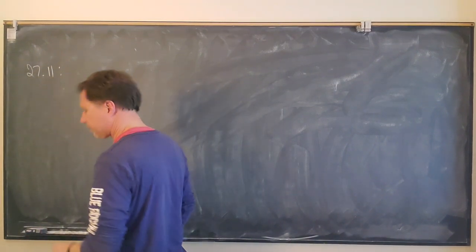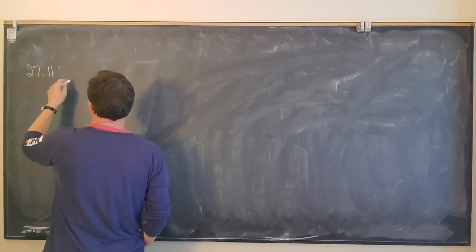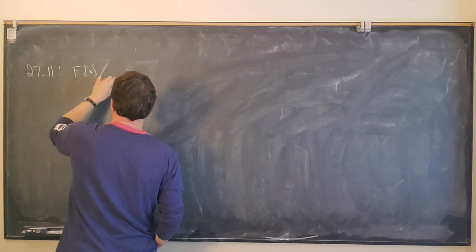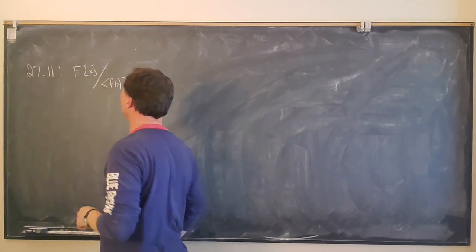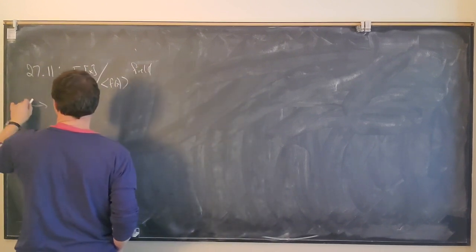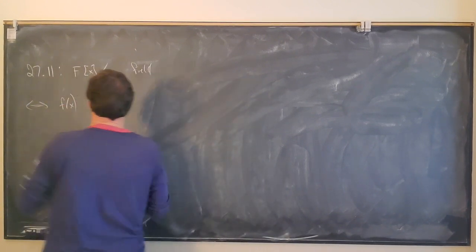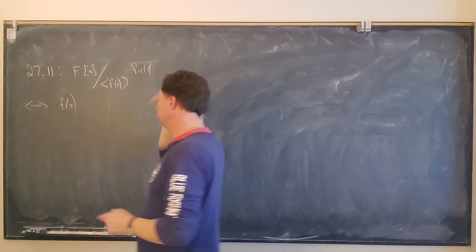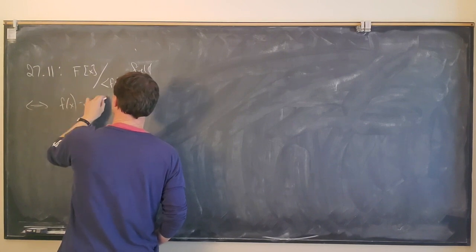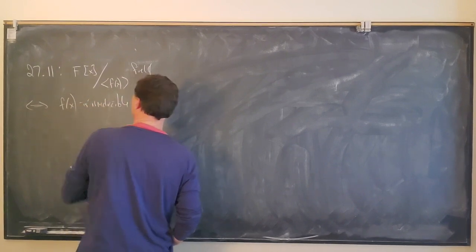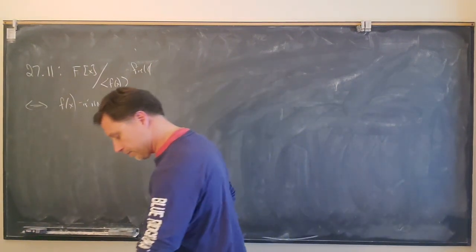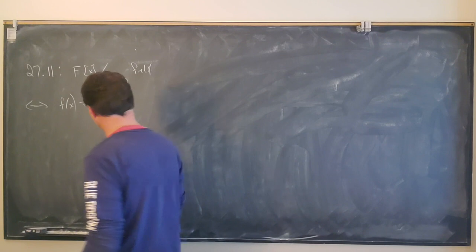Yeah, so if you're working over a field, then F[x] mod a polynomial is a field if and only if the polynomial that generates the ideal is irreducible over F, of course.